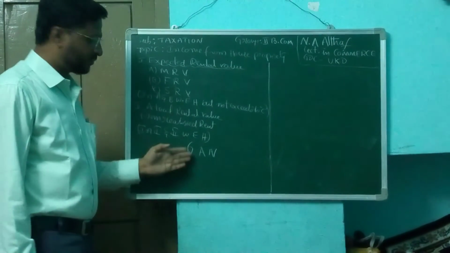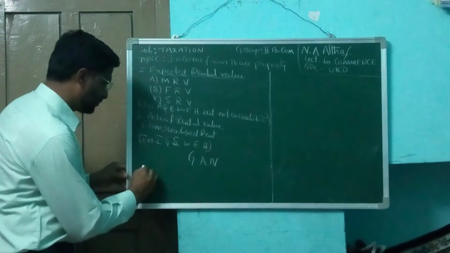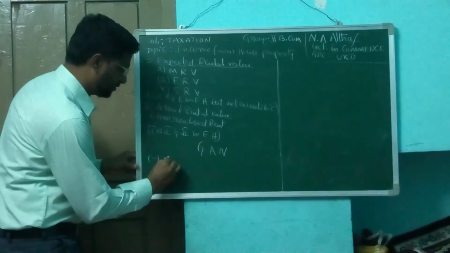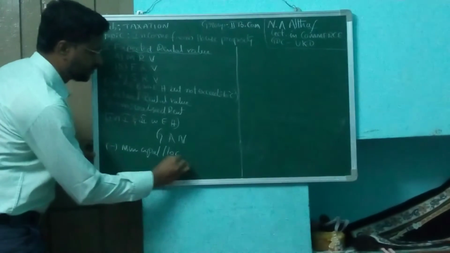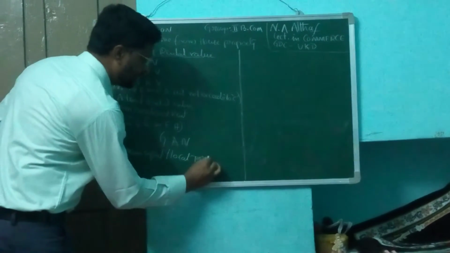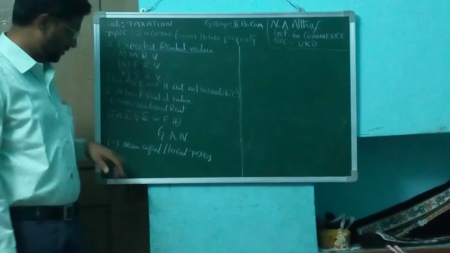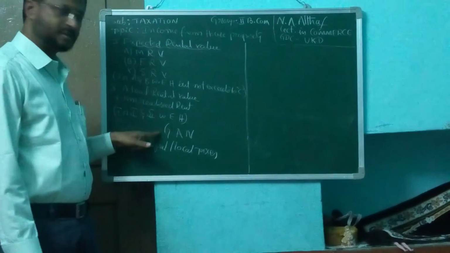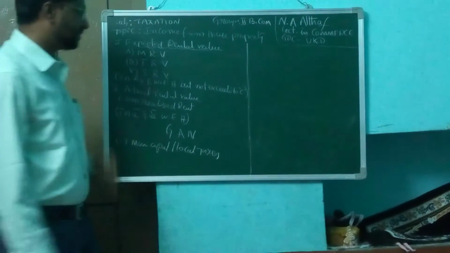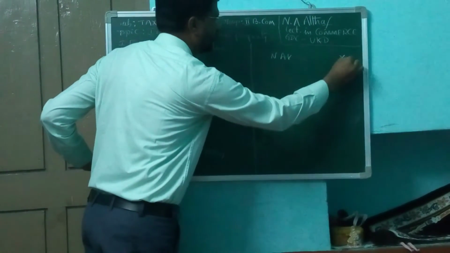If we want to convert the gross annual value into net annual value, then we have to subtract the municipal or local taxes. Once we deduct the municipal or local taxes from the gross annual value, we get the net annual value.